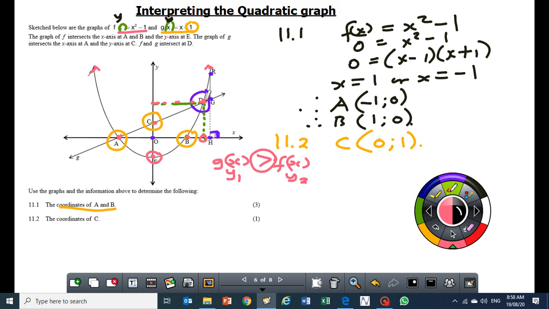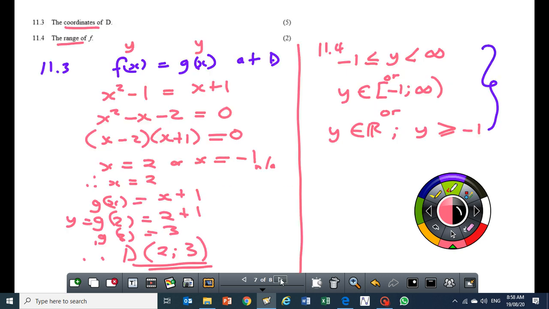It's 6, we got it somewhere, where we equated. What is the value of x there? This one here, 2. If you didn't get it right here, it means the last question of this question you won't get it right.